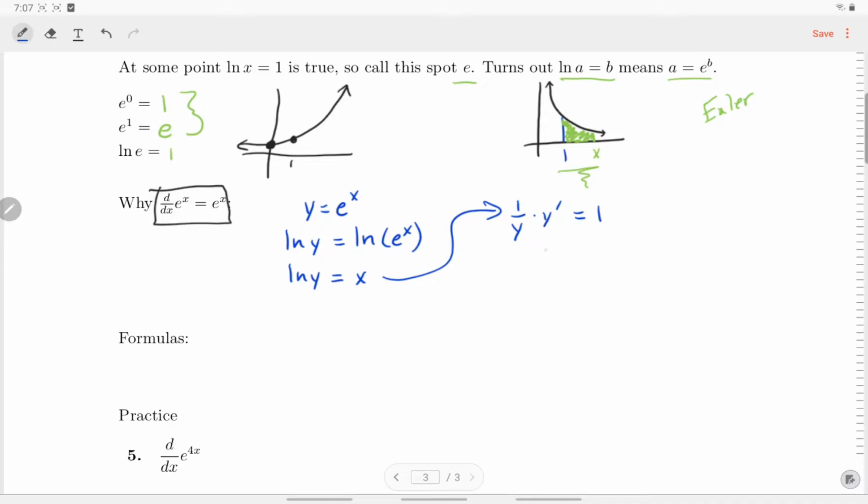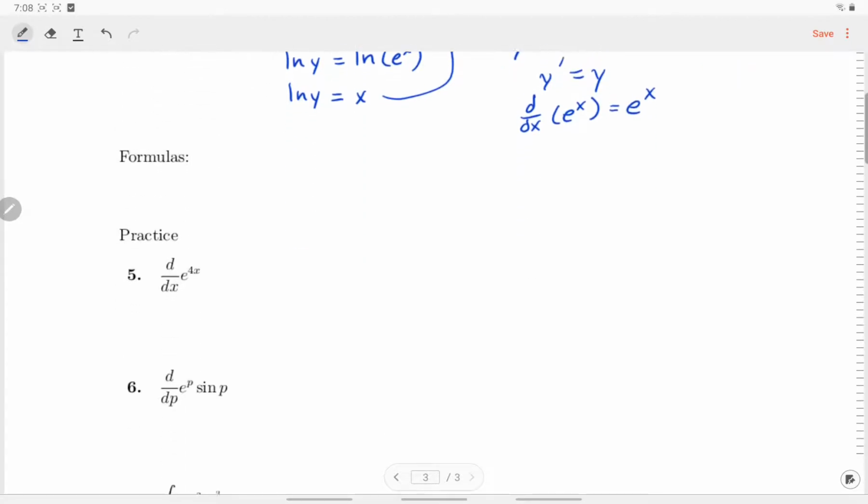So I can rearrange this equation, multiply both sides by y. We get y prime equals y. Well, that's exactly what we were looking for, right? y is e to the x. So this is saying the derivative of e to the x is simply e to the x, okay? Favorite formula you'll have to memorize for calculus.